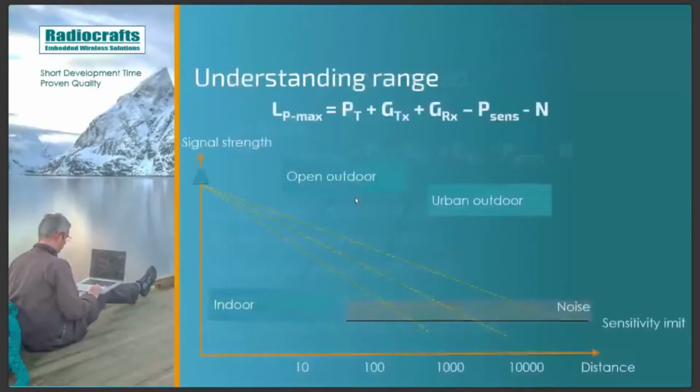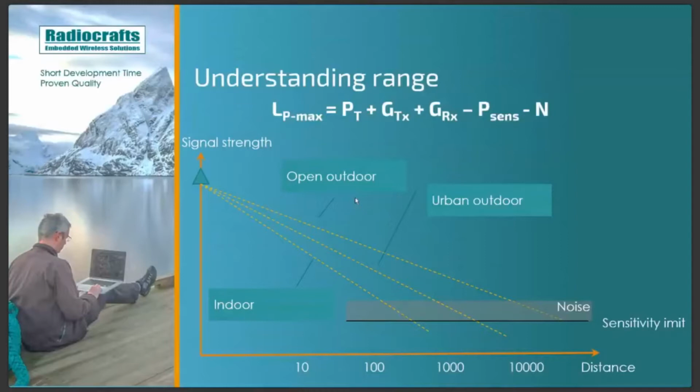This graph is trying to show the same thing in a more visual way. On the left side, you will see the signal strength through this triangle. By moving the triangle up and down, you see more signal strength at your transmitter, and if you have lower signal strength from your transmitter, this will go down.